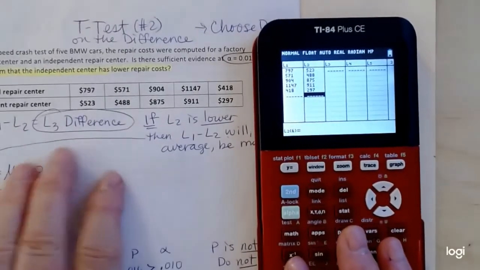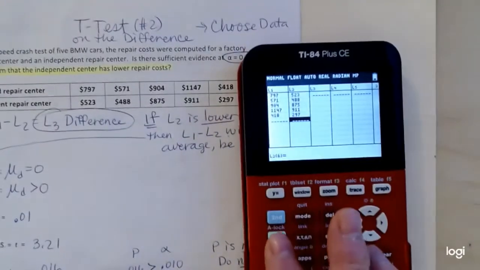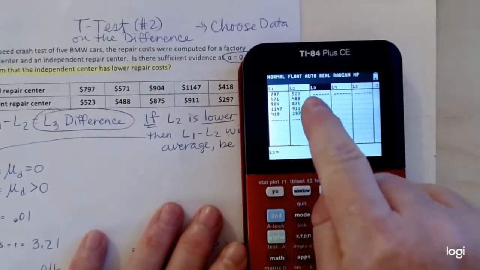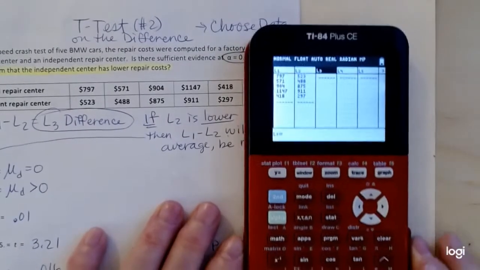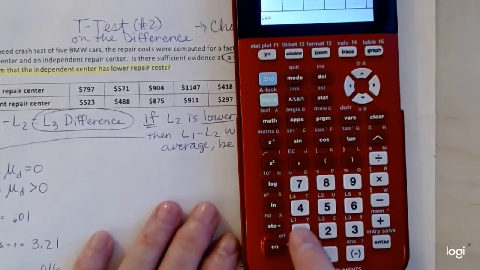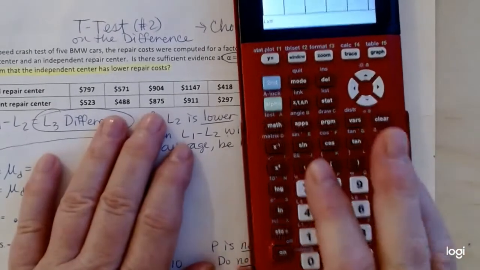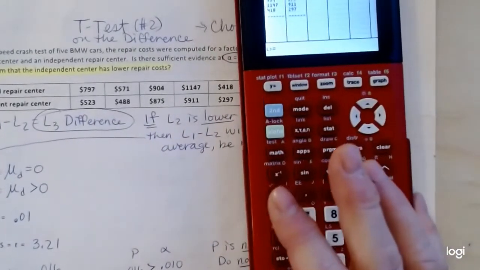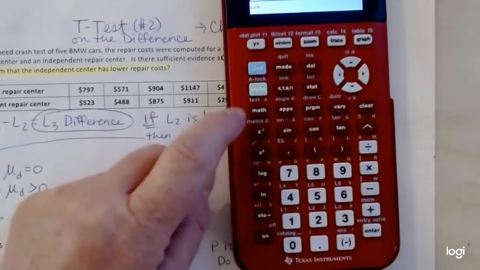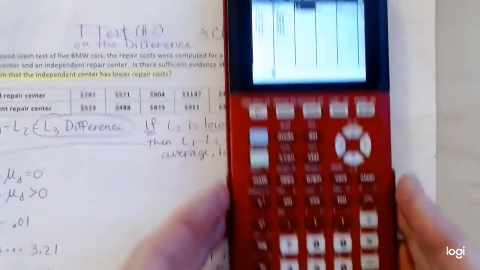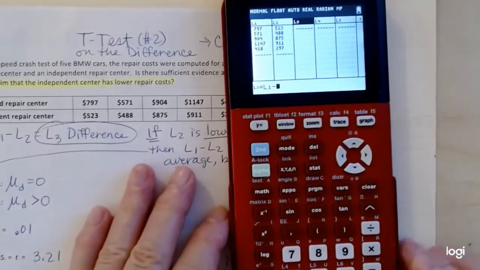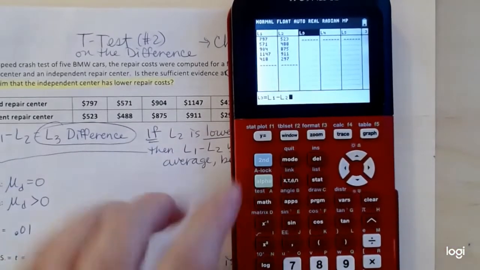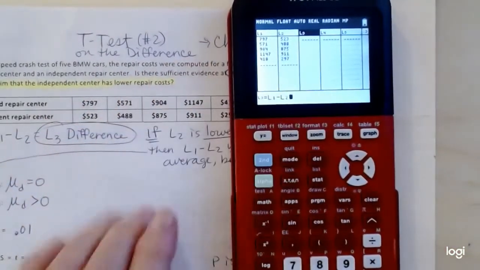Now I want list 3 to calculate the difference, and this is how I do that. I go over to list 3, and then I arrow up until I'm in the little title bar. And remember that the lists are above these keys down here, so I want it to choose list 1 first, because I'm going to subtract list 1 minus list 2. So I do second 1, and see it's got list 1, minus second 2, and when I hit enter, it'll subtract all of these for me, and you'll see it'll fill it in.